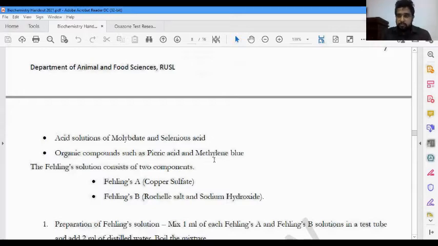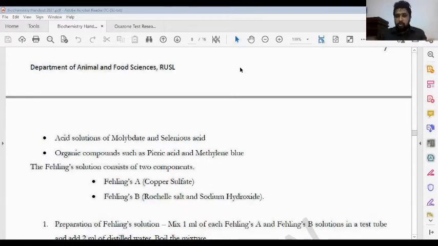Yes, Fehling's A. Fehling's A contains copper sulfate and Fehling's B contains Rochelle salt and sodium hydroxide. You know that copper sulfate in aqueous medium is blue in color.